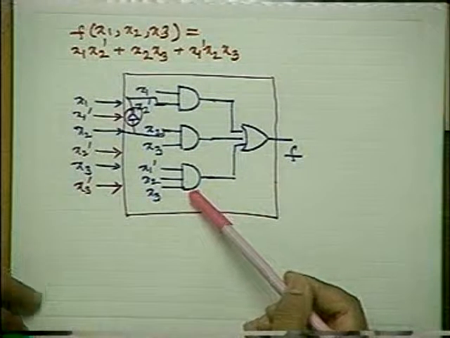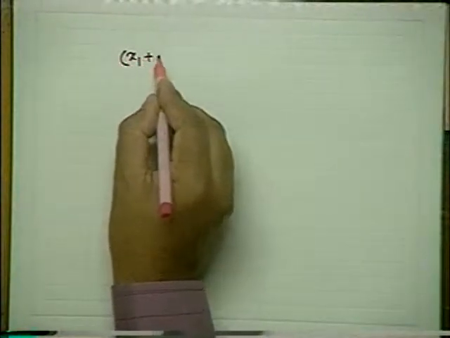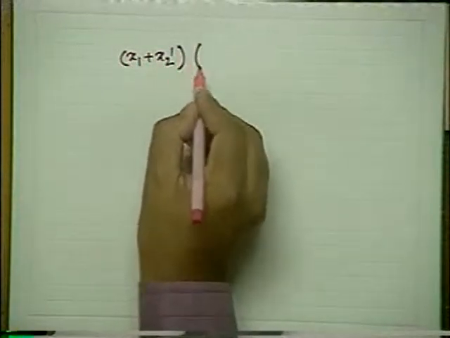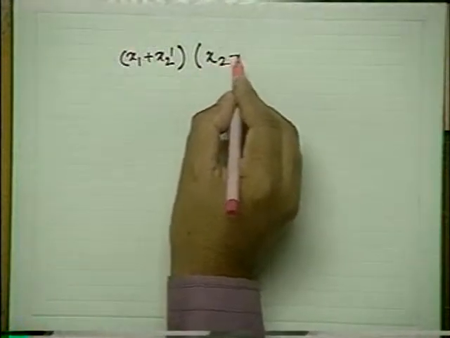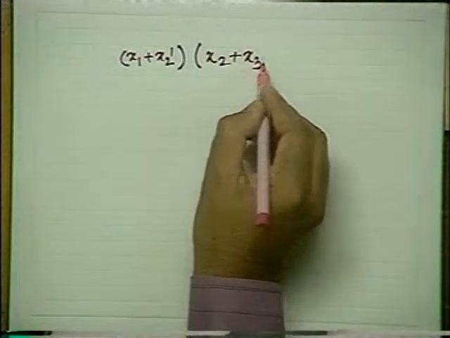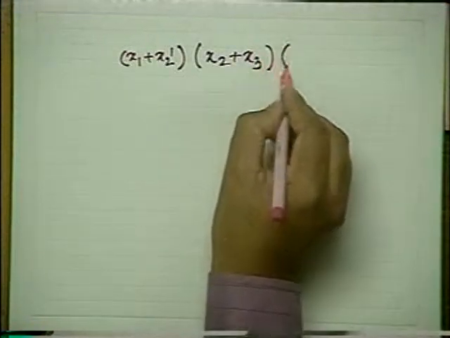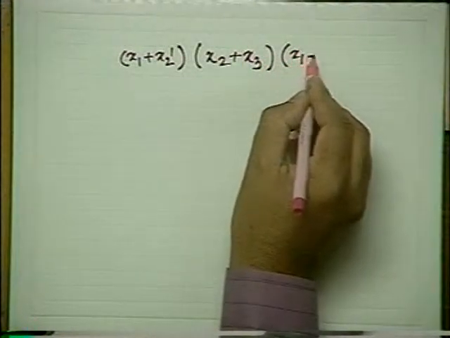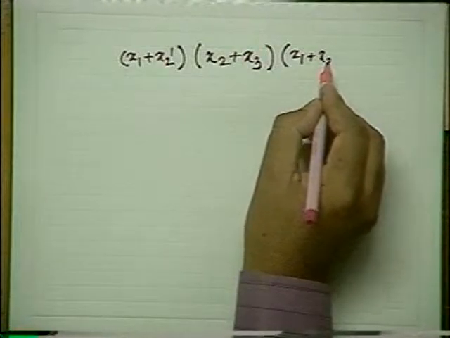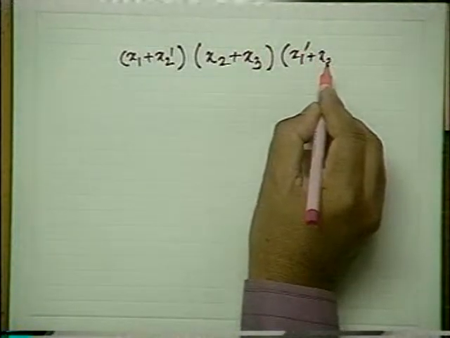Let us take another form of it, or the dual form of it, which we call the product of sum form. In that case, for example, let us say that we have a function x1 plus x2 bar, x2 plus x3, and x1 bar plus x2 bar.